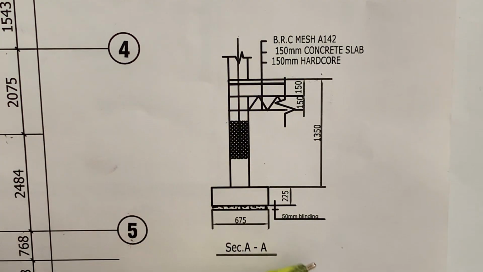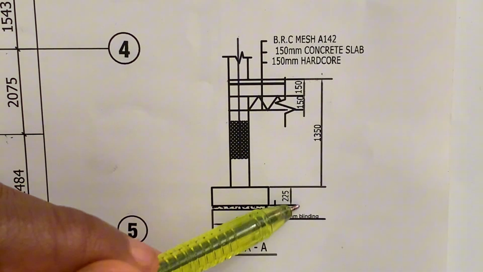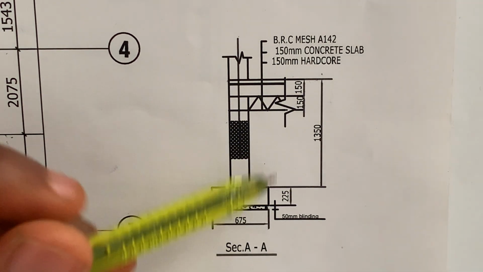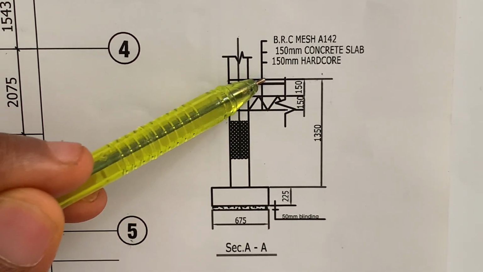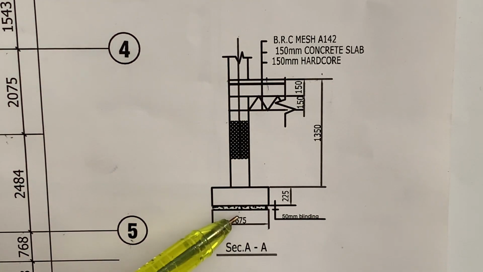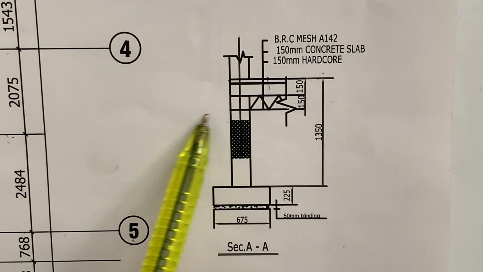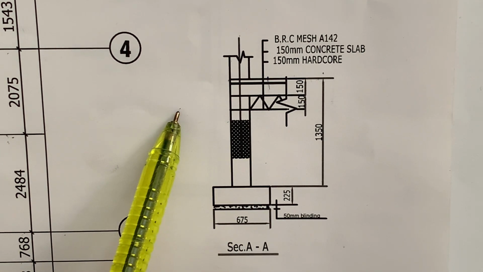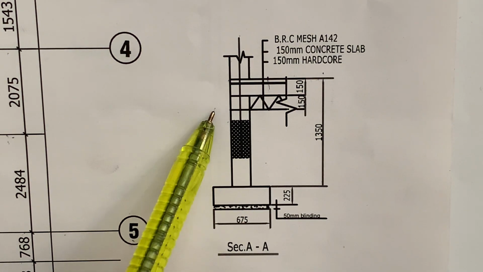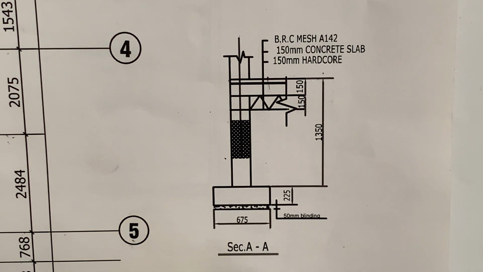So if we add everything together, we're going to have 1,625 mm. That is the distance from the top of the oversized concrete to the bottom of the blinding. But we need to determine where our stripped level is, so that we can know the actual depth of our excavation.